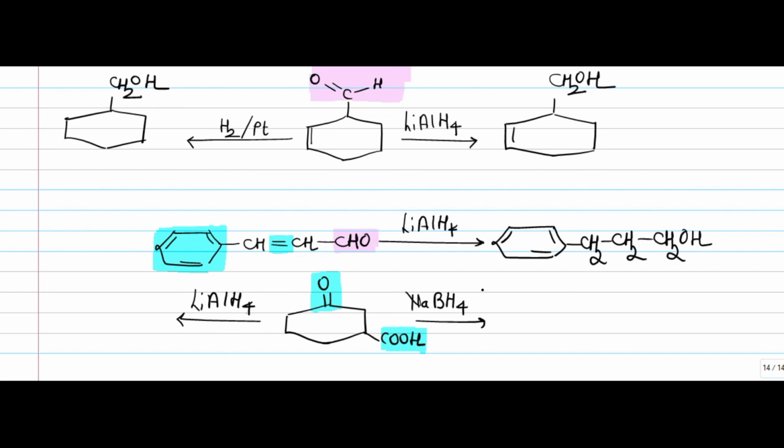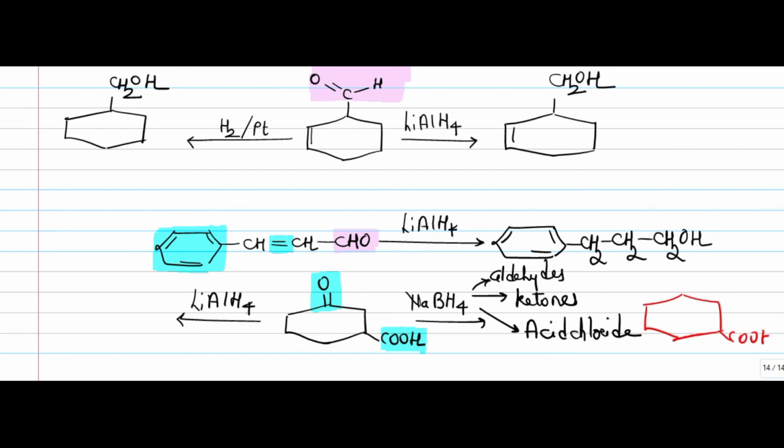So this can reduce aldehydes, ketones, or acid chlorides. But carboxylic acids are not reduced, and therefore here the final product would have COOH remaining as it is, and the ketone gets converted into an alcohol.